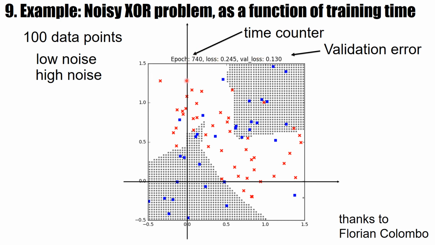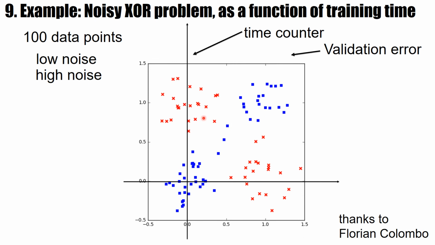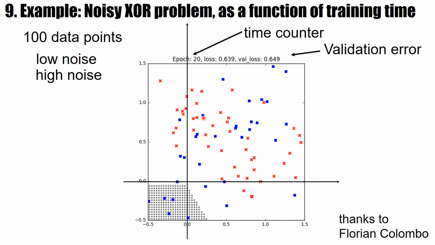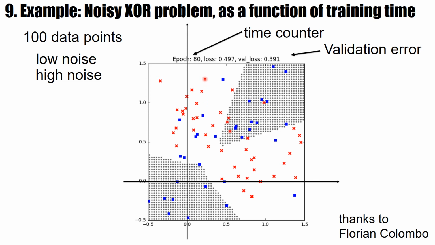Let's go on and let's focus on this region here. This is sort of the interesting region, and you will see that now the separating surface really goes into this area. So, in summary, if you continue learning for a long time, then the network really develops this very wriggly surface, whereas in the beginning, if you look at the first few epochs, it does much better.